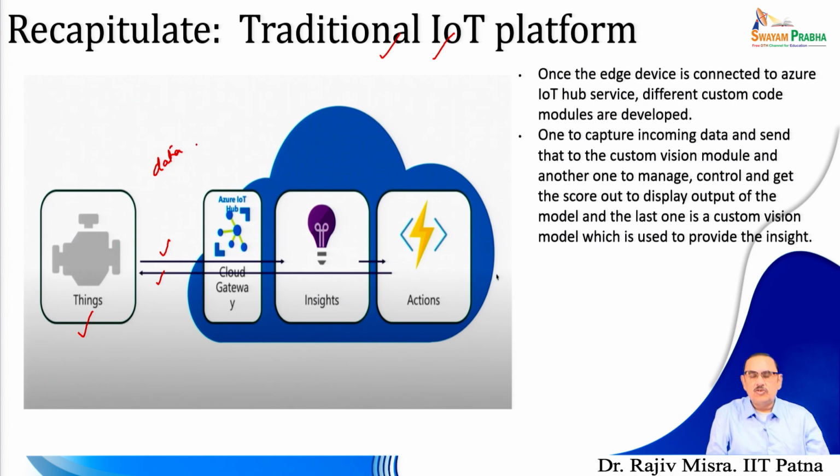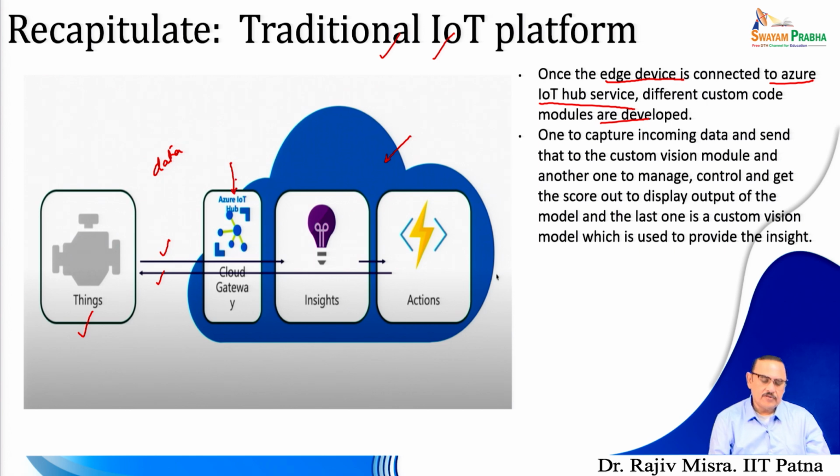So, this can be shown in this IoT platform, that once this edge device is connected to the service provider, that is Azure IoT Hub for example, different custom modules are there. So, this particular module which is running inside the cloud, which is shown over here.